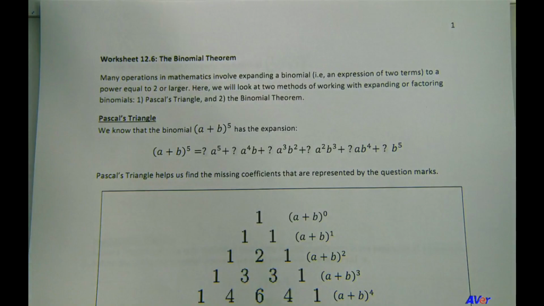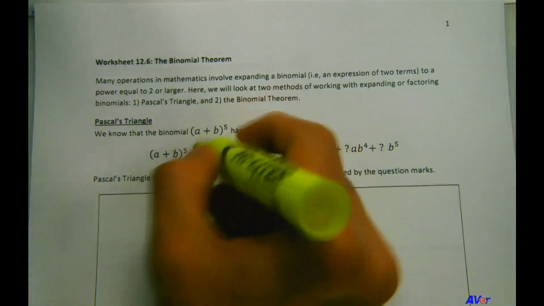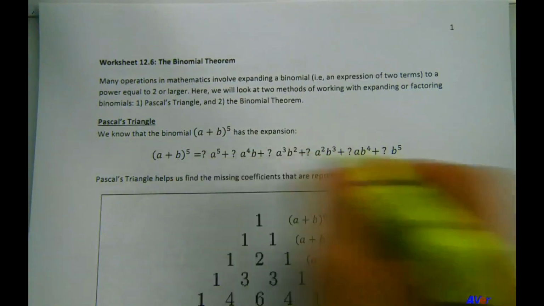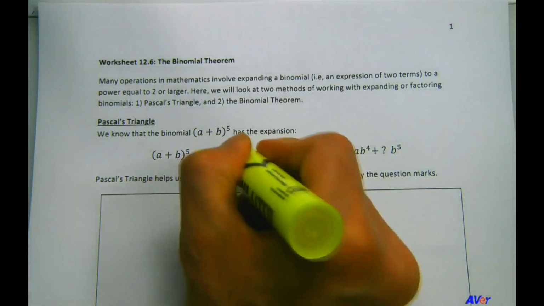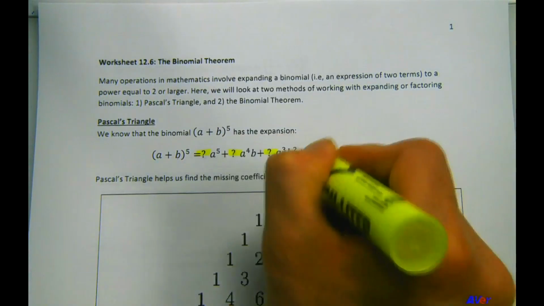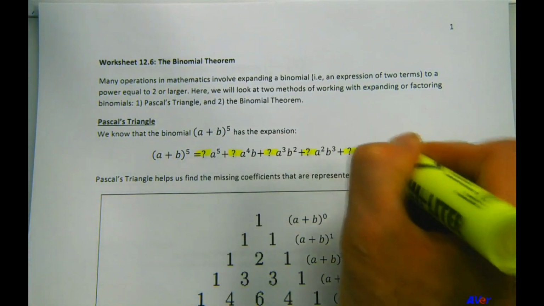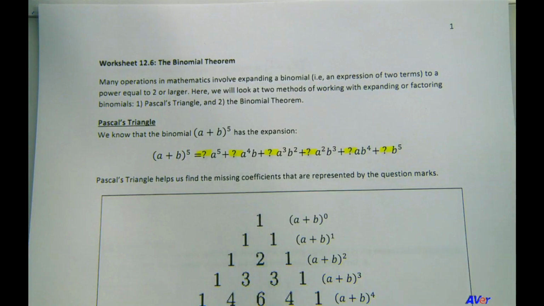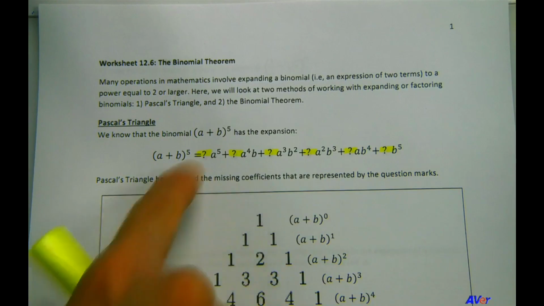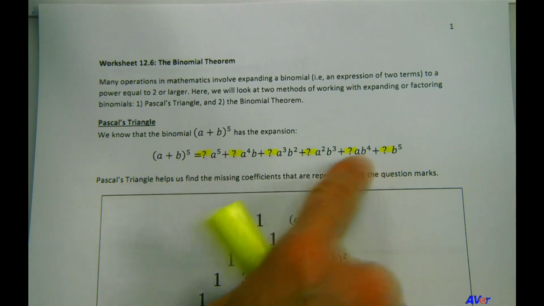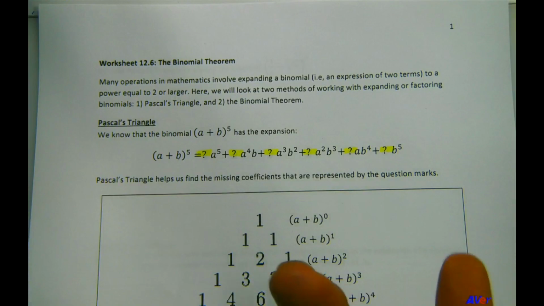What's not so easy are these coefficients, because we just found the terms but not the coefficients. The question marks you see are the coefficients of these terms. In this section, we will talk about two very different ways of finding the question marks, which are the coefficients of each term in the expansion of a binomial.